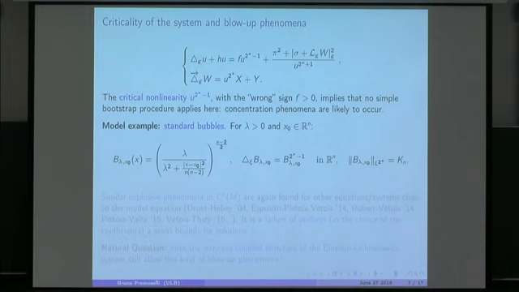So what are blow-up phenomena? Well, the model case of blow-up phenomena is this family of functions here, which I call standard bubbles. Okay, so these are a family of functions in R^n, which all depend on n+1 parameters. They depend on one scaling parameter lambda, which is kind of the height of the bubble, and one center parameter x0. And if you draw them in R^n, they really look like this.